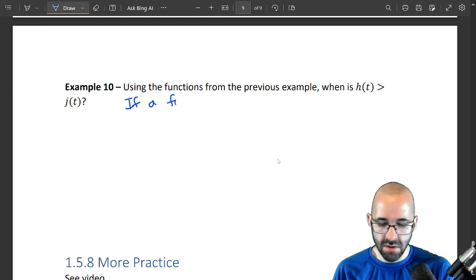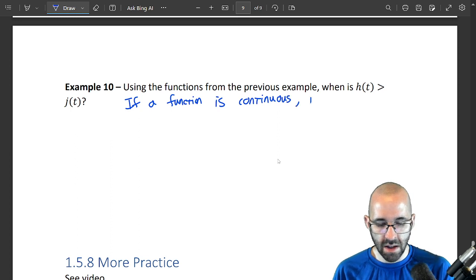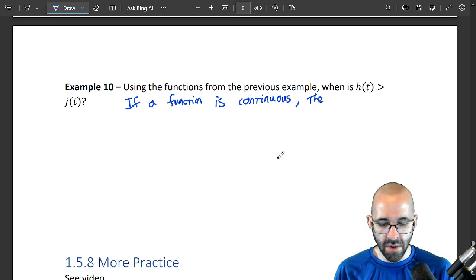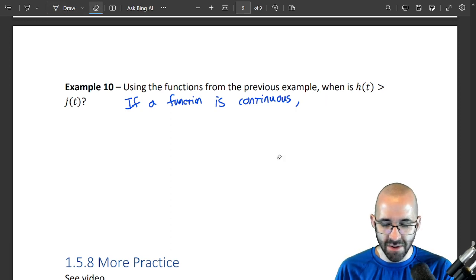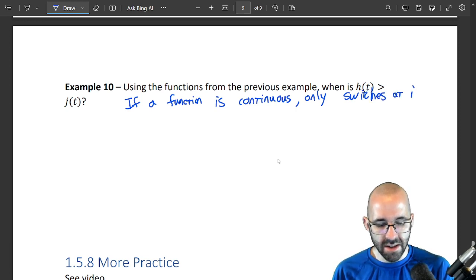if a function is continuous or connected, it can only switch at the intersection. Only switches at intersections.